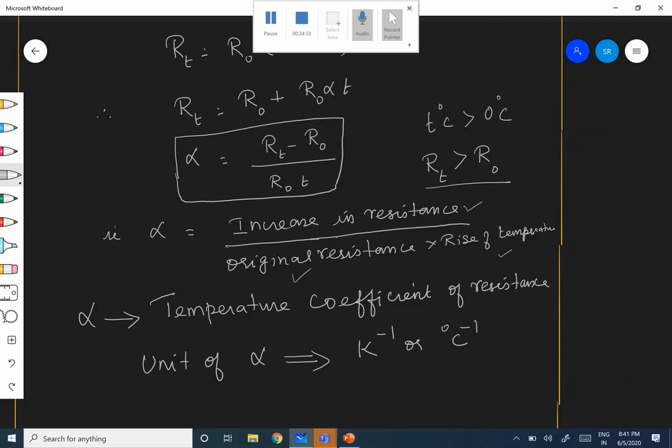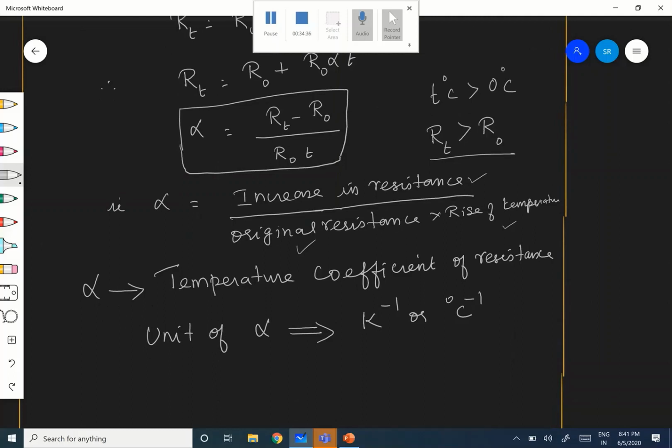Now, if I have two temperatures, not at 0 degree Celsius but something more than 0 degree, let the resistance of the conductor at T1 degree Celsius be R1.